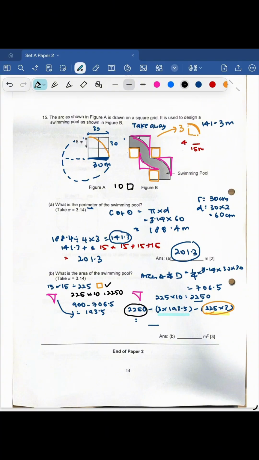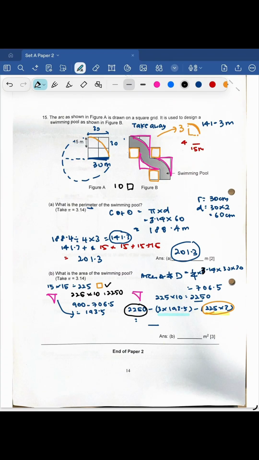So it is here. Then I will also go straight to find the area of the quadrant, which is 1/4 times 3.14 times 30 times 30 to give me 706.5. This is the area of 1 quadrant.